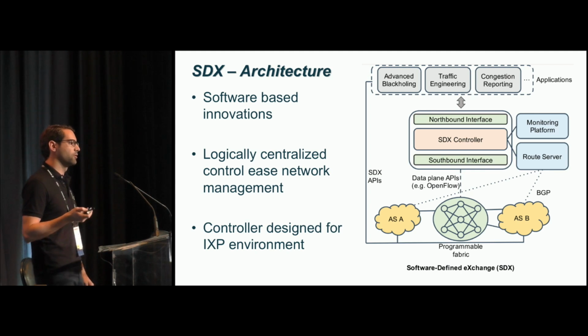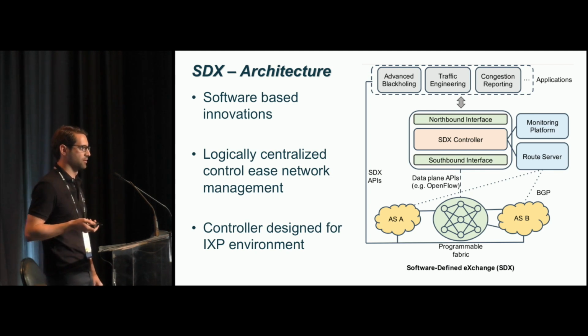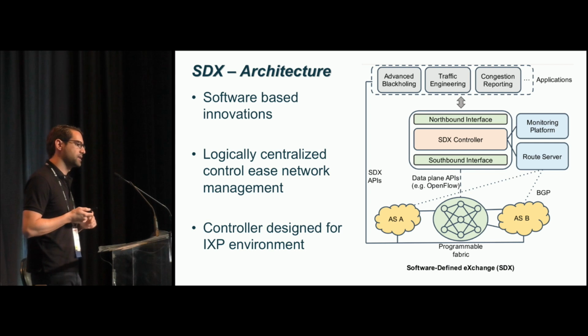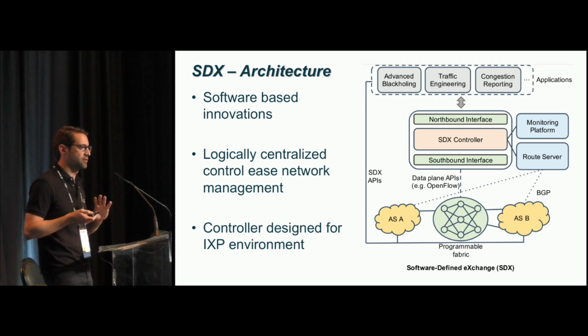So let's first focus on an SDX architecture, a software-defined exchange architecture. Earlier we saw a traditional IXP and the interconnection there, and we have more or less the same picture at the core here. We have two customers and a switching fabric. However, this time there's also a logically centralized controller which integrates the route server or a monitoring platform.